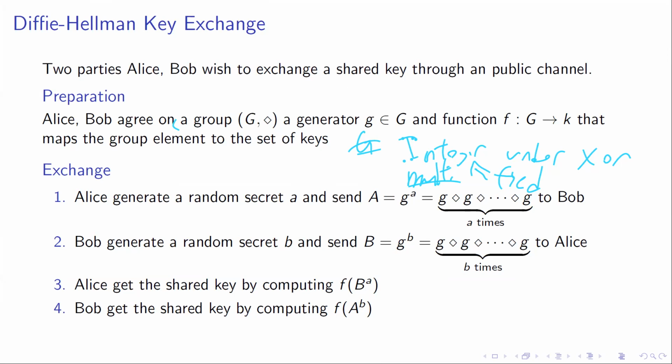Oh, okay. Thanks. Then how about in real life? What do they normally use? In real life, usually right now they just use elliptic curve and the usual Diffie-Hellman key exchange using integers. I think just these two.